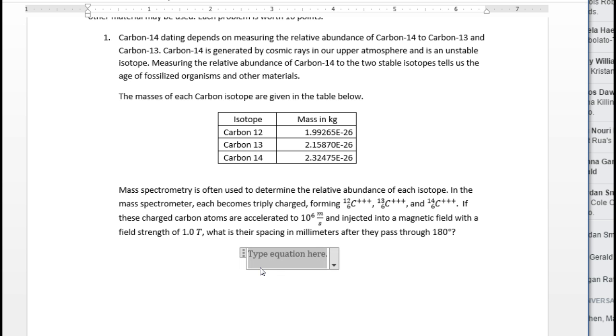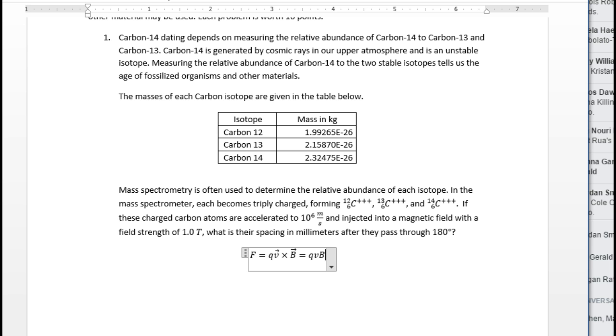So we know that the force on them due to a magnetic field is the charge times the velocity vector crossed with the magnetic field, right? Since in this problem the velocity and magnetic field are perpendicular, this is just QVB.